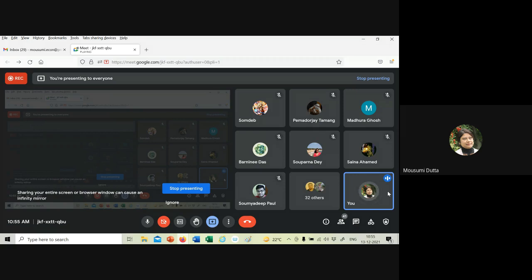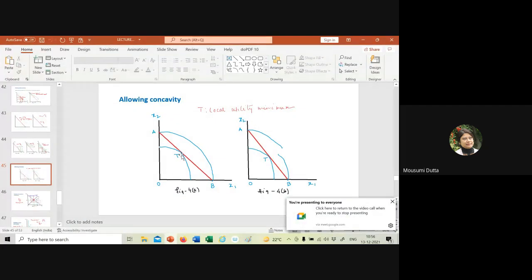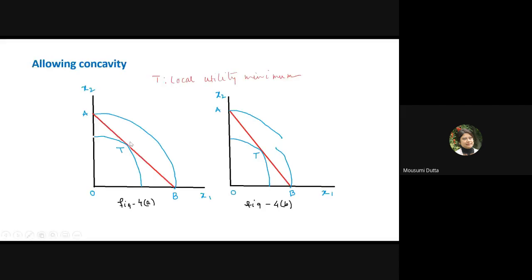So what I am telling is that in my regular consumption, not a very special set of commodities, I may face this kind of situation. Now, if I face this kind of situation, the point of tangency we are talking about, the point T in either of the two diagrams, is nothing but a local utility minimum.